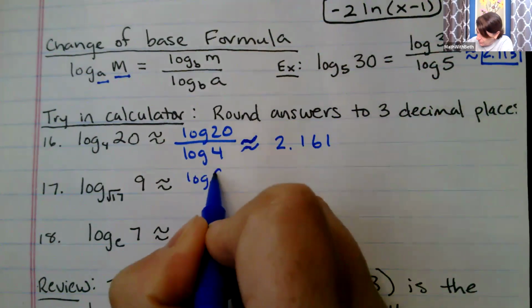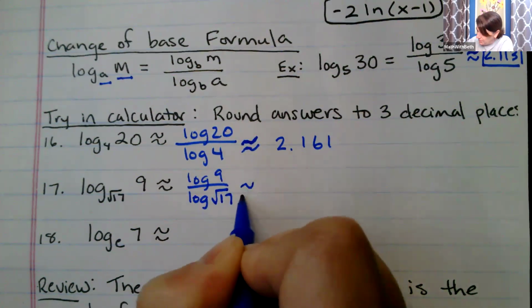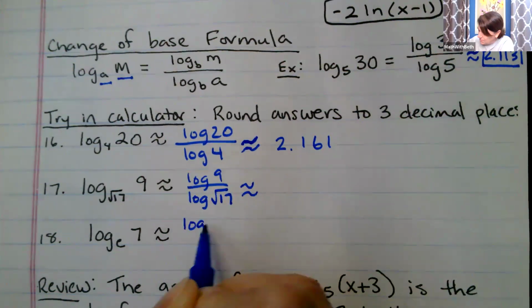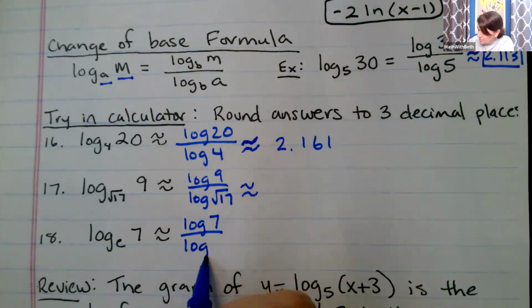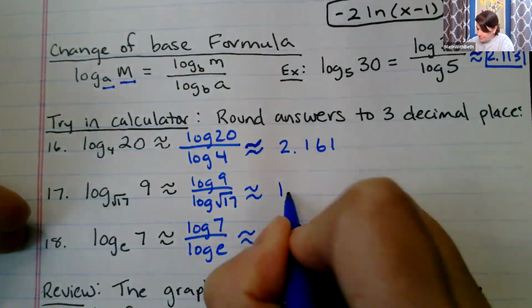So this one would be log 9 divided by log square root of 17. This one would be log 7 over log e. So try those and see what you get. Just to make sure you're putting everything in correctly and using your parentheses correctly.